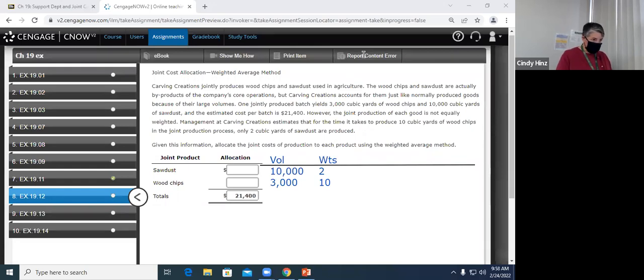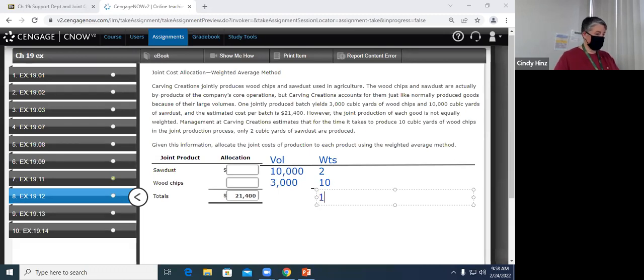So let's put a line under that, and we'll total those. Oops, sorry, I'm just trying to get that line straight. Here we go.